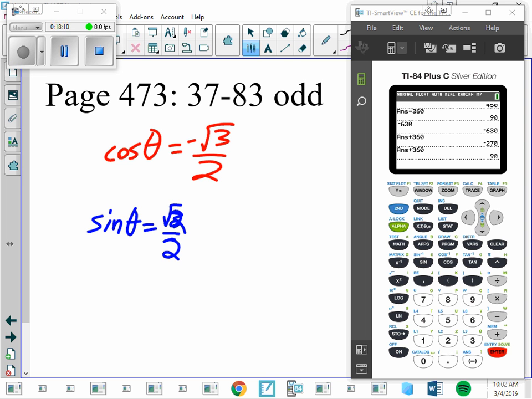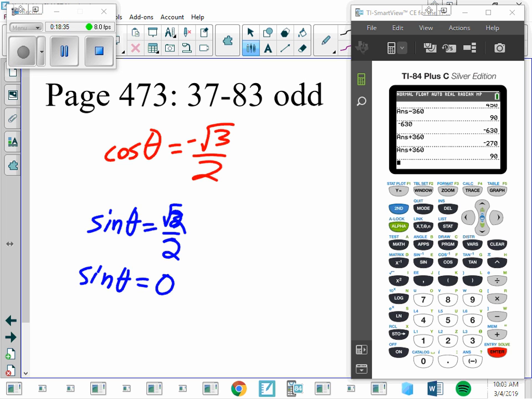What about when the sine of theta is equal to 0? So when is the y value equal to 0? 0 and 180.